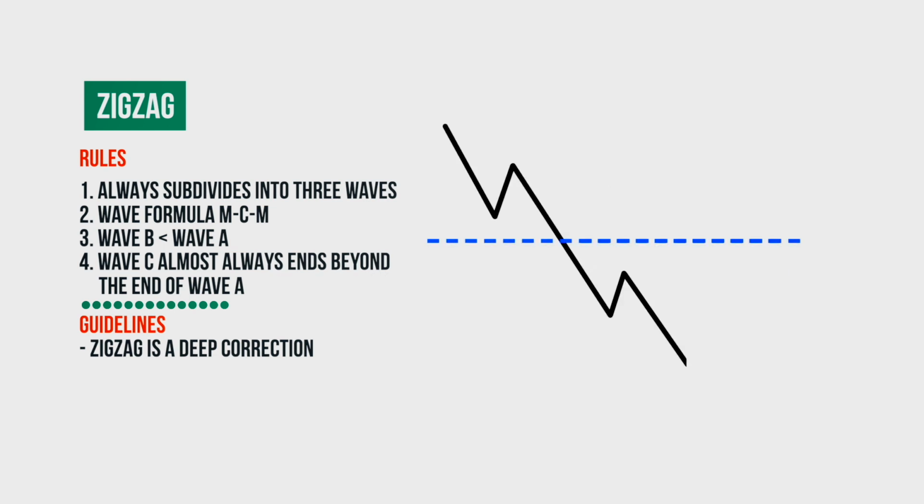The same for the downward market. Schematically draw a downtrend and draw a horizontal line in the center of this trend, which will separate deep corrections from shallow corrections. So the deep correction is the correction which in its construction will go above this line, as shown here. A shallow correction is a correction which in its construction will end below this line, as shown here.